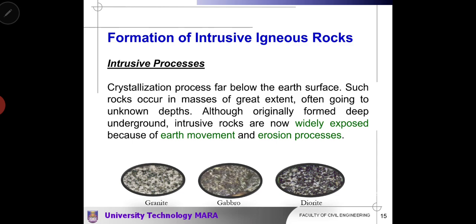Some of the sizes are very huge, more than 100 kilometers, and the thickness is more than hundreds of meters. The process is inside the earth's crust, but because the earth moves, towards the end it will be pushed out so that we can see this formation of igneous rock.